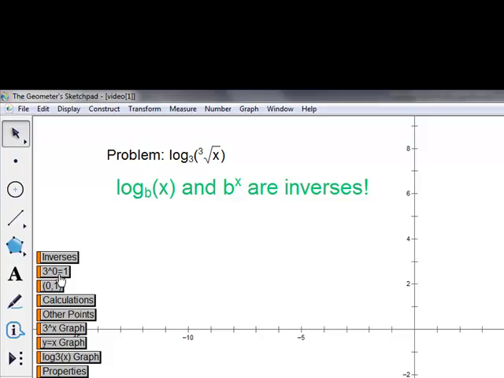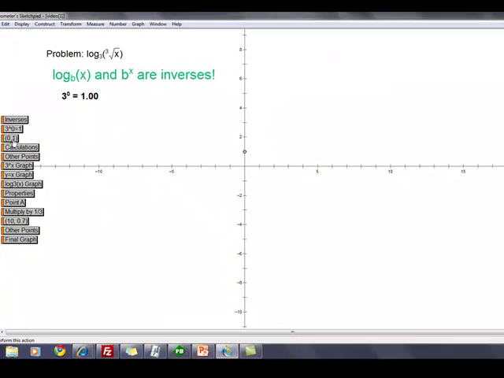For example, when x equals 0, y equals 3 to the 0, which equals 1. Plot the point (0, 1). Continuing this process, we calculate that other coordinates are (1, 3), (2, 9), and (-1, 1/3).